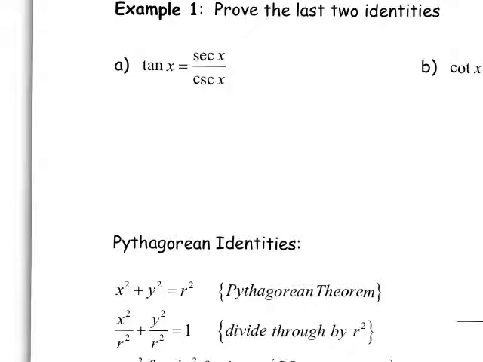So sine x cancels with sine x, and 1 still cancels with 1, even though that's kind of silly, but still nonetheless. And this is all multiplied, just like the bottom was. So when we multiply, 1 times sine x is just sine x, and cosine x times 1 is cosine x.